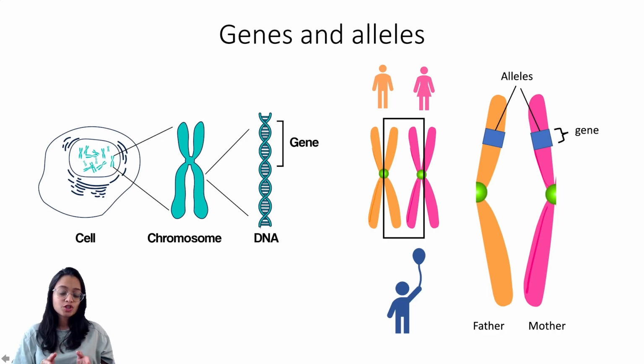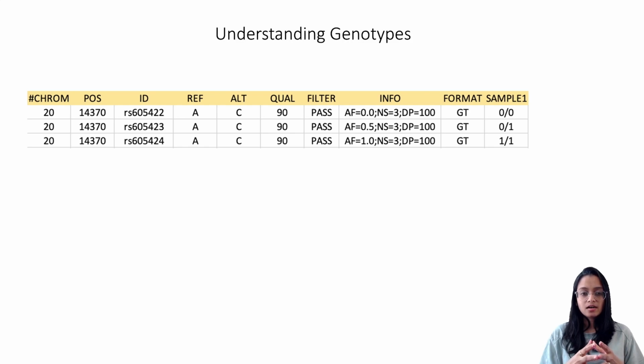These two versions of the gene are nothing but alleles. Since alleles are different versions of a gene, the difference could be of a single base or a segment of bases. A genotype is basically a combination of alleles that an individual possesses. A diploid organism can have one of these three genotypes.